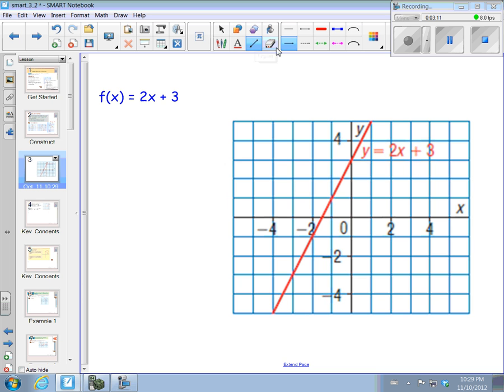Now, what would that look like? Let's draw a picture of that. If I reflect this horizontally over the y-axis, this red portion here would go to there.